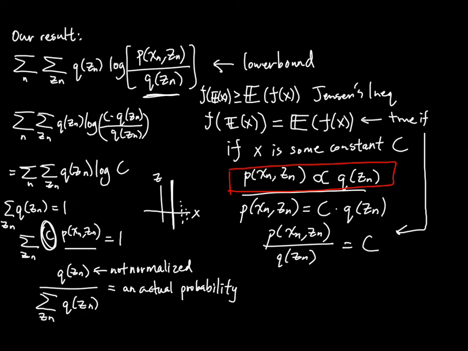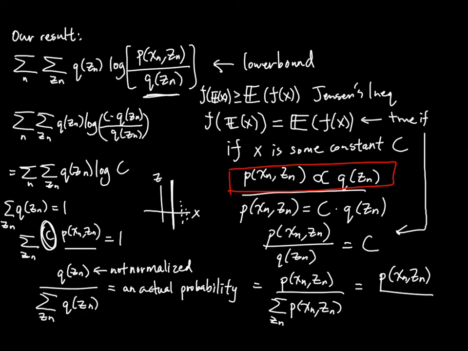Another way we can phrase this is P of xn zn over the sum over zn of P of xn zn, because this is a fraction of what the sum is. Following the total probability theorem, this is equal to P of xn zn over P of xn given zn.